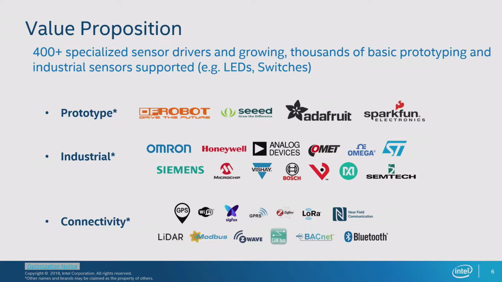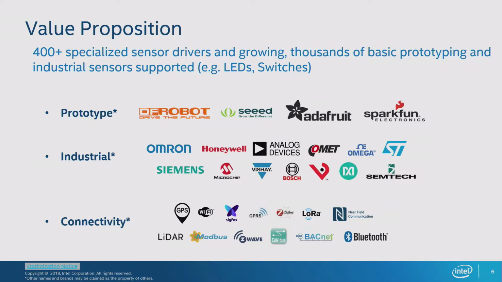So about this value proposition, I'm saying here 400 plus specialized sensor drivers, and these are the cool sensors, right? Because theoretically, we support thousands, if not tens of thousands of devices. You could go to websites like Mouser, Arrow, DigiKey, whatever, buy switches, LEDs, and whatnot. They all work. MRAA will allow you to toggle those LEDs or read the values on those switches fairly easily.